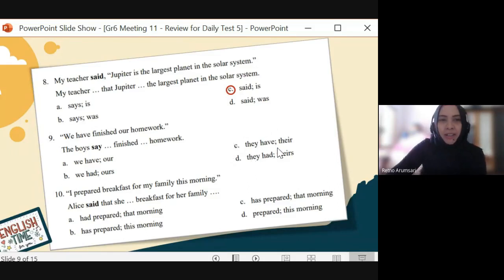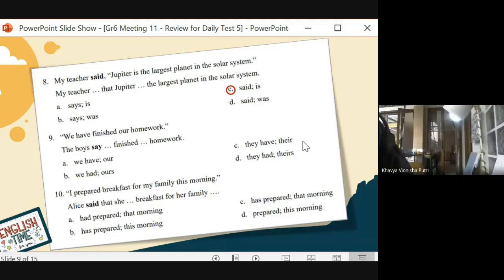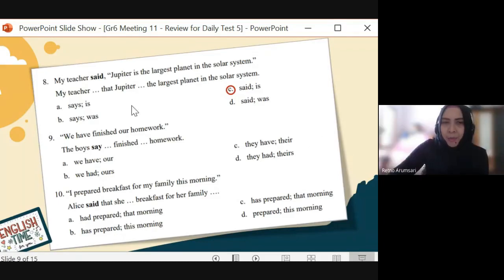Number 9. Thank you, Gavin. We have finished our homework. The boys said they had finished their homework. You see said, right? What do you need to do?